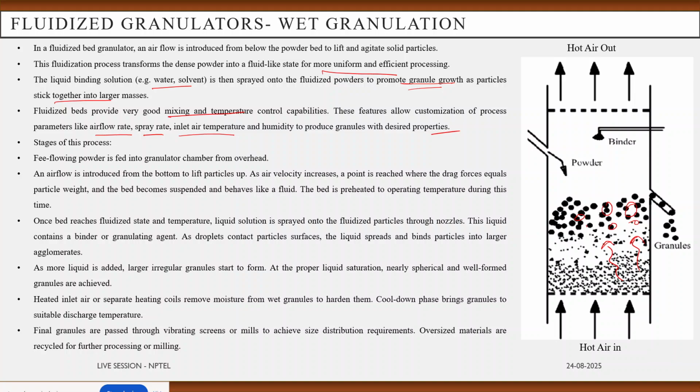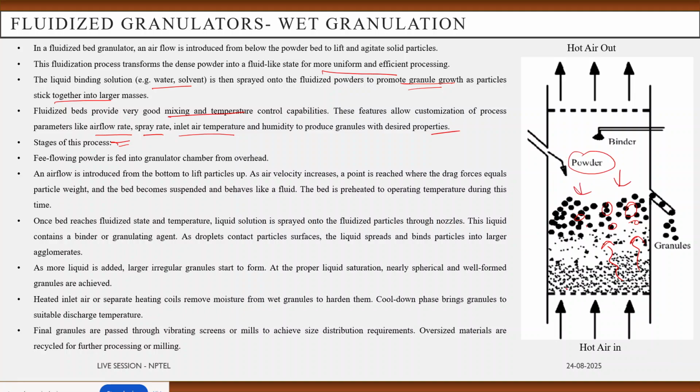So, what are the stages associated with the operation of a fluidized bed granulator? We are going to discuss the stages of this process. First one is the free flowing powder being fed into the granulator from overhead. So, powder is introduced into the system.